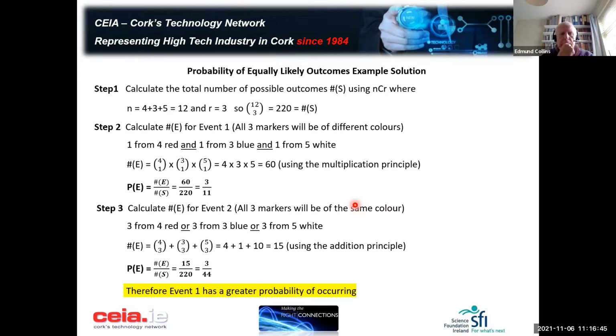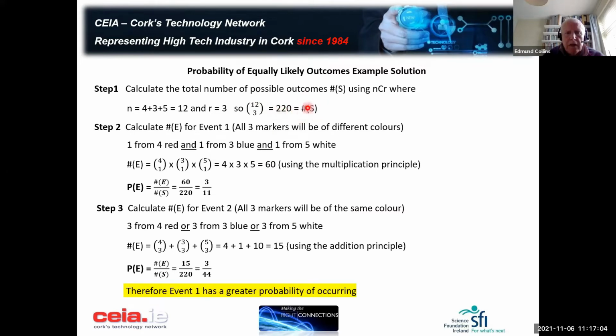So using the NCR here, N is 12, R is 3, and if you calculate that using a calculator, you'll see that that's 220.